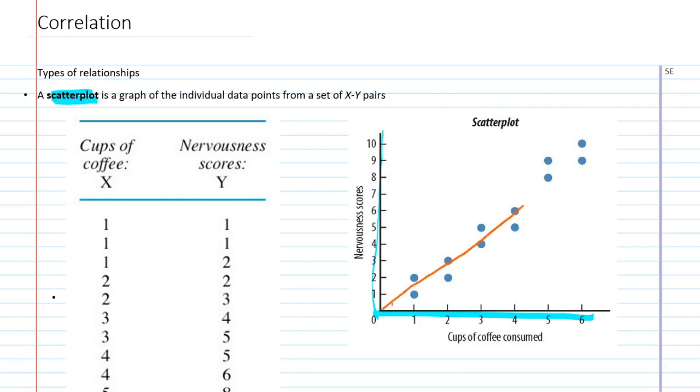For example, here, as the cups of coffee consumed increase, then the nervousness scores also get high. You could have a relationship that is negative, and then you would have the data points in a line going downwards from left to right. And that would be a different type of relationship, different type of variables.